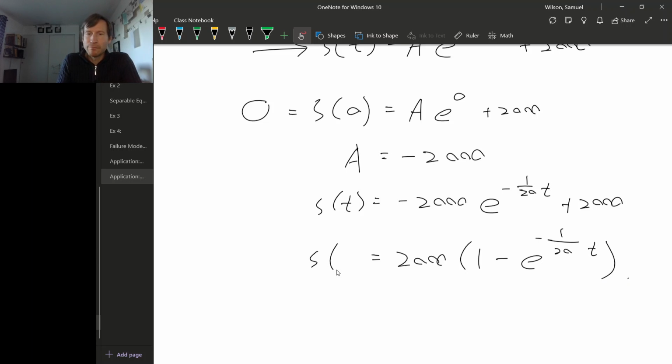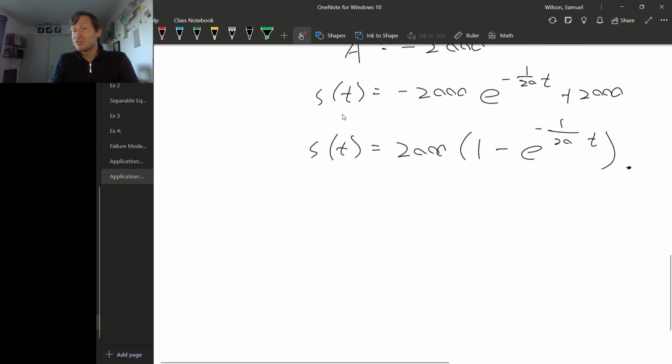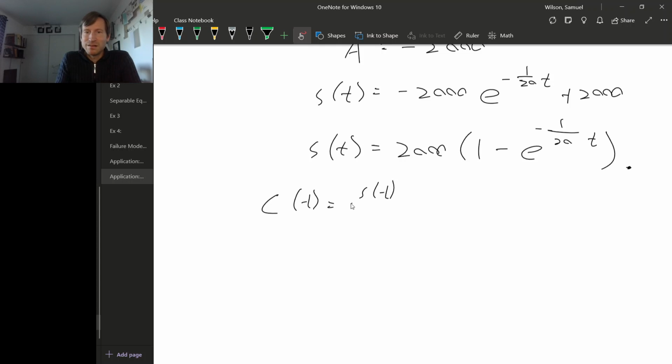Okay. Now remember what we were going to do with this. We wanted to find out how long it takes until the concentration is half of its ultimate value. But the concentration, we said, is just the amount of salt divided by 100. So that's going to be 20 times 1 minus e to the minus 1 over 20 t.